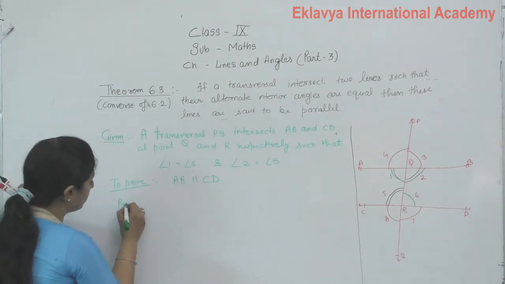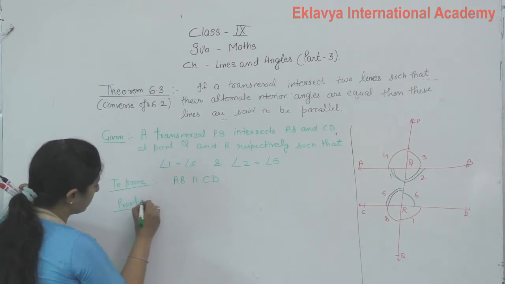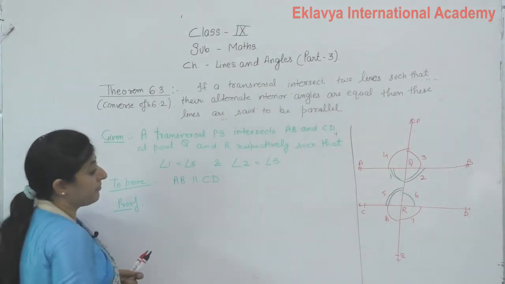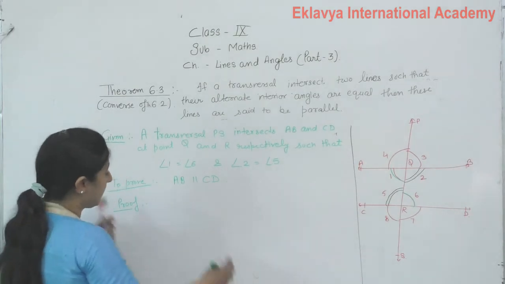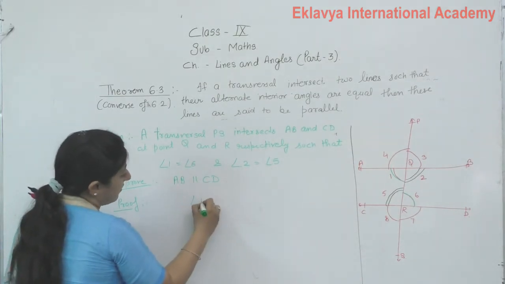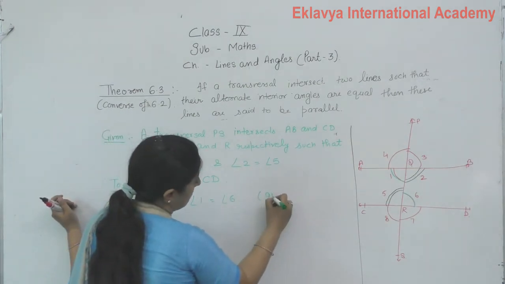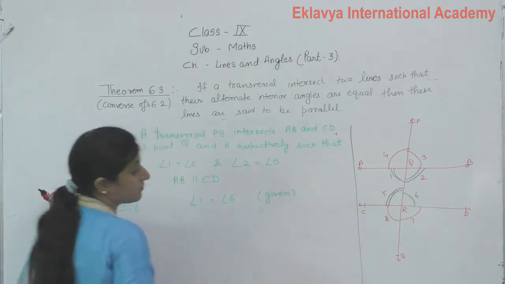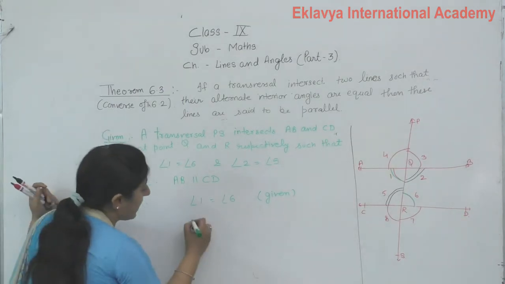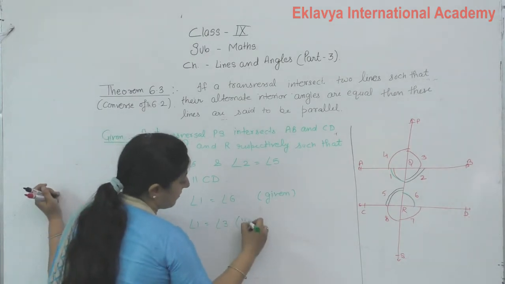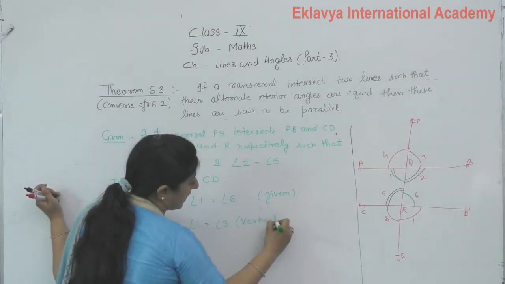Proof now. What we have to prove now? See, given angle 1 is equal to angle 6. We can say angle 1 is equal to angle 3, vertically opposite angles.